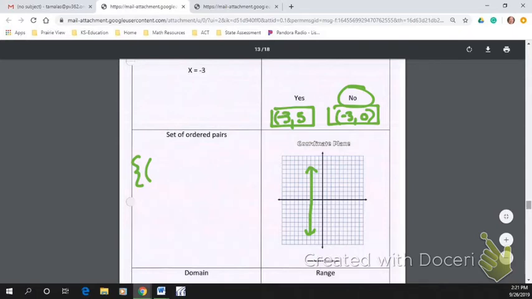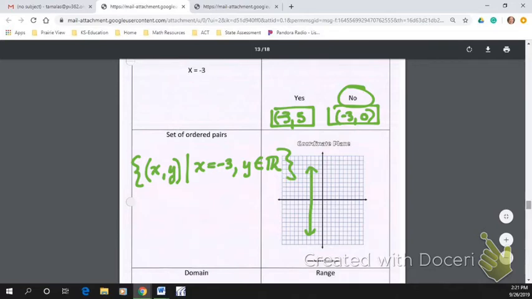So it's the set of all points, x comma y, such that x equals negative 3 and y is any real number. Y is an element of the real number set. And there we go.